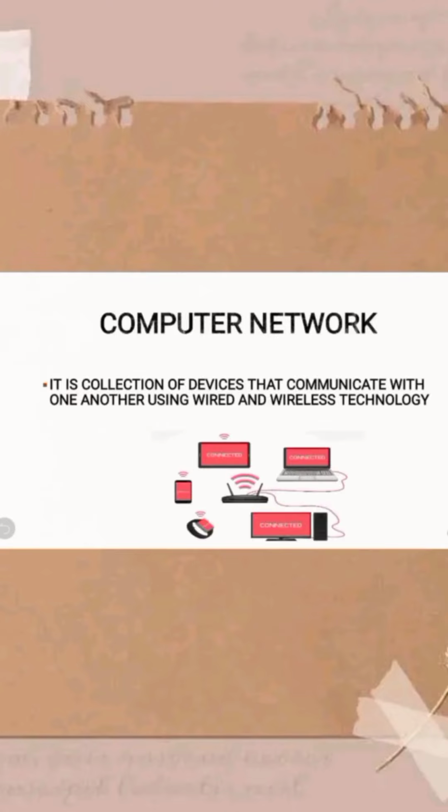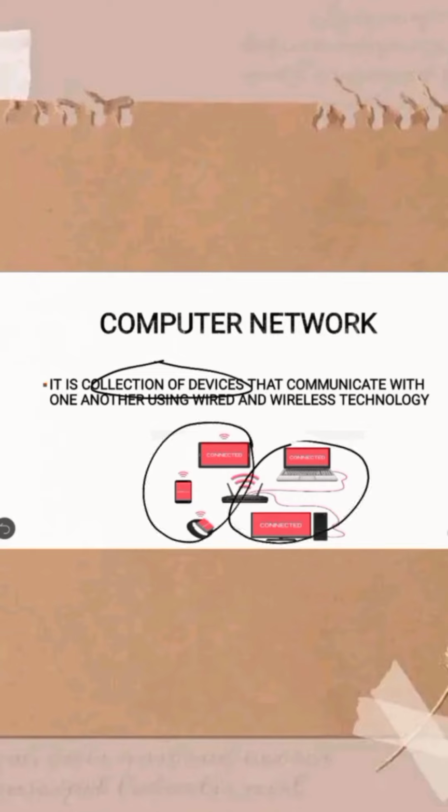And computer network is a collection of devices that communicate with one another using wired and wireless technology. So this is a wired technology and this is the wireless technology that is used by the computer network.